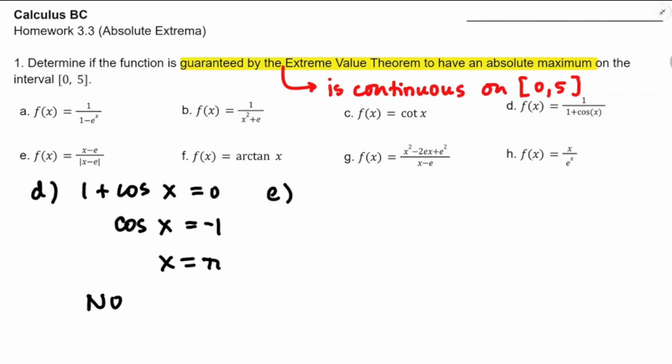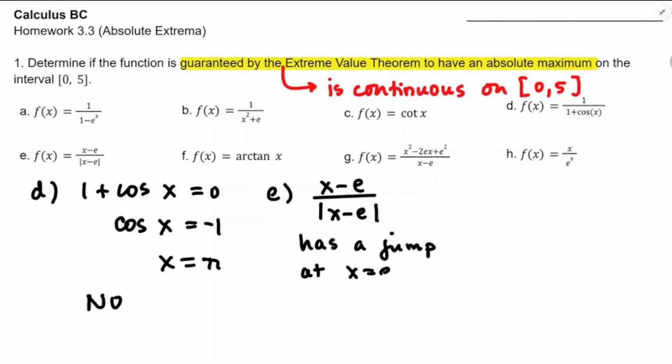E has a discontinuity. We know that's a jump discontinuity at x equals e. e is between 2 and 3, so the function has a jump at x equals e.